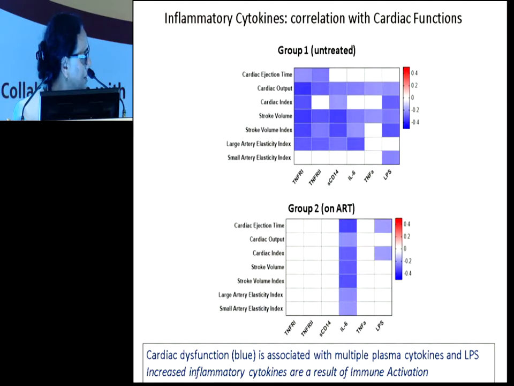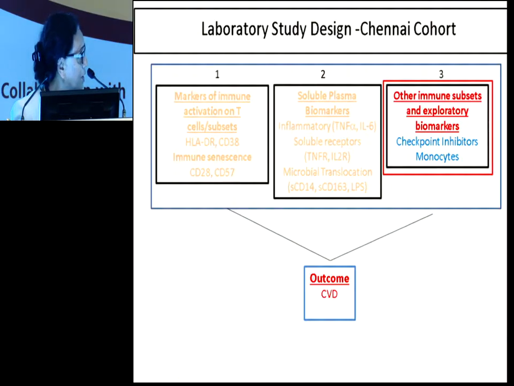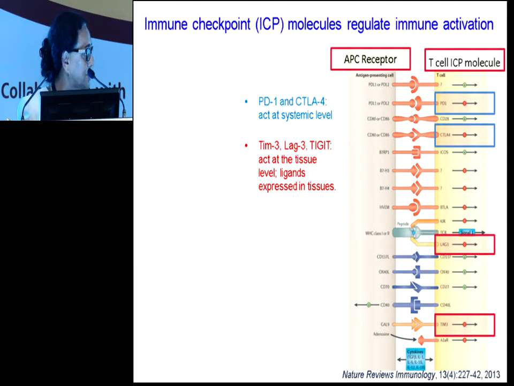And this is the heat map that is showing you that cardiac dysfunction is associated with multiple plasma cytokines and LPS, and increased inflammatory cytokines are a result mainly of immune activation. And lastly, we wanted to look at monocytes and checkpoint inhibitors.